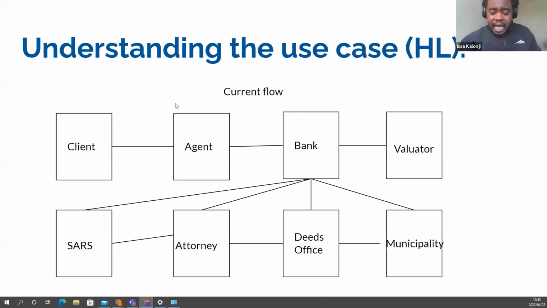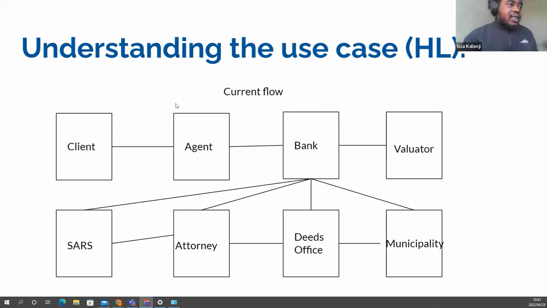Okay, so let's quickly look at a use case. I've chosen the home loan process because I have quite a bit of experience with regards to that. These are all the stakeholders that the process would traditionally flow through. You have the client, agent, bank, valuator, as well as tax authorities, attorneys, deeds office, and municipality.